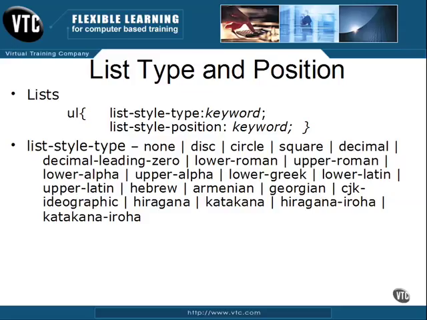Our disk would be the default unordered list option that we tend to see, which is going to be a filled in circle. The circle is actually a hollow circle, just showing an outline of the outer edge of the circle. The square will be a square, and that's all of our bullets.